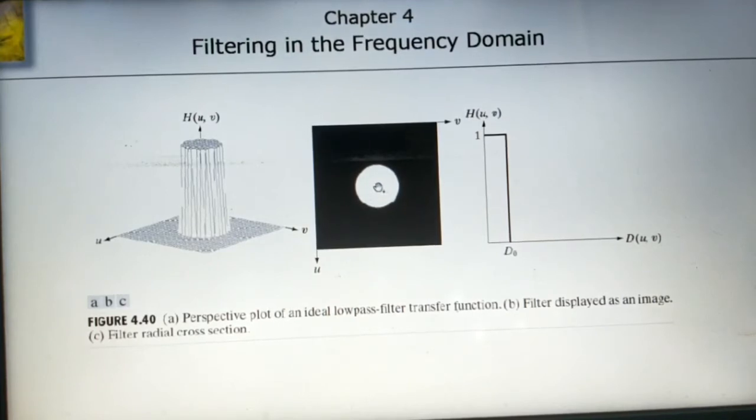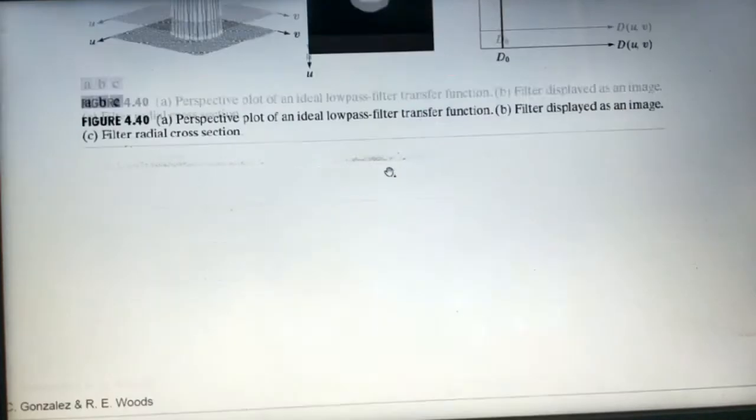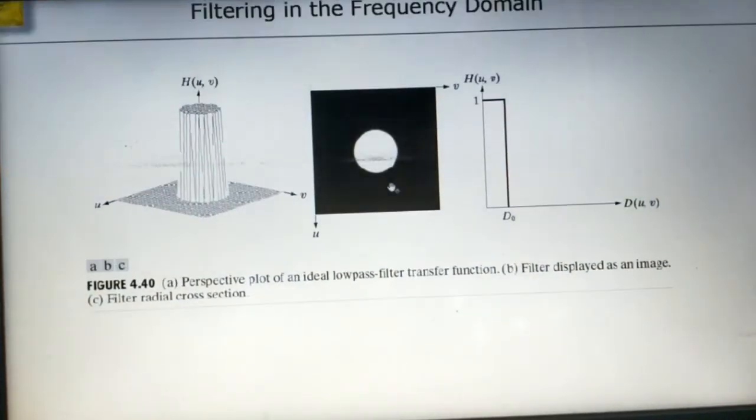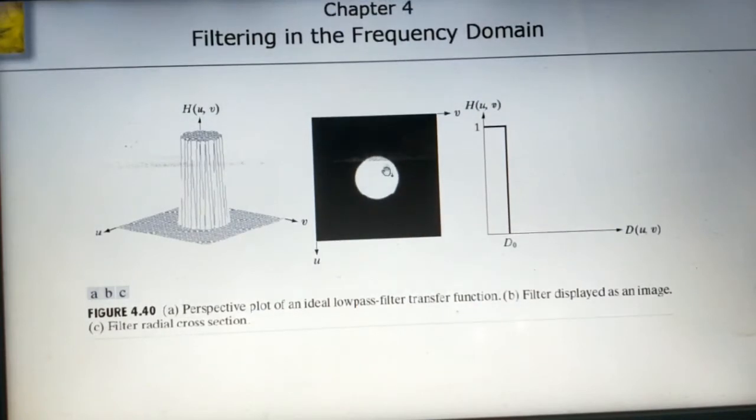The zero frequency is at the origin, so zero plus something up to this radius, whatever frequencies are included, those frequencies are allowed by this low pass filter.